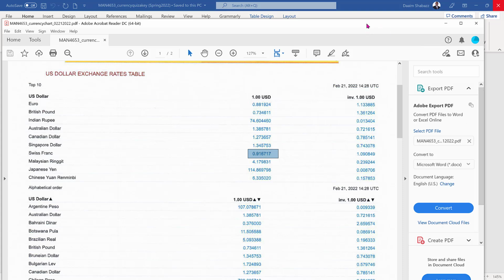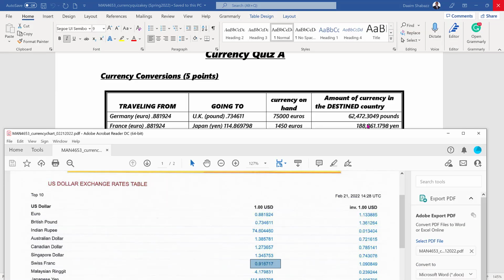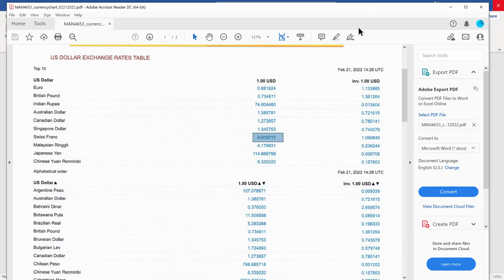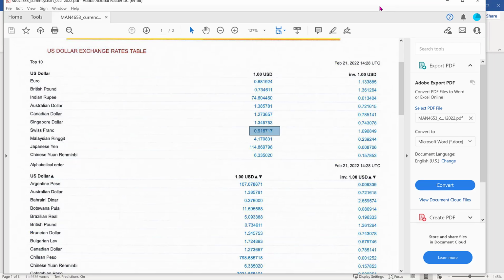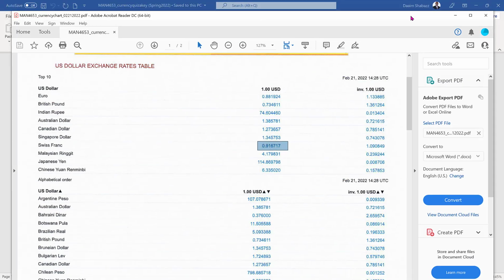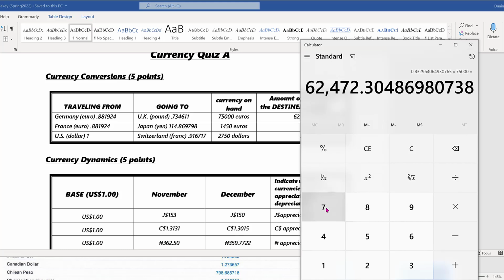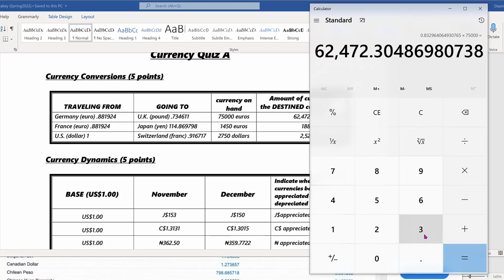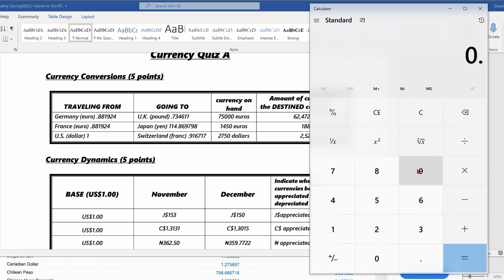So if we know how much the $1 is equal to, we know how much we have for 2750. So let's do the math. So that is essentially .916717.